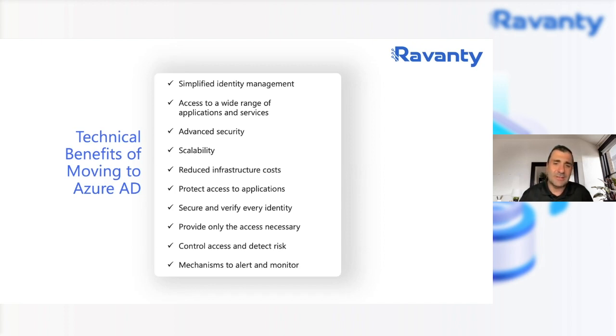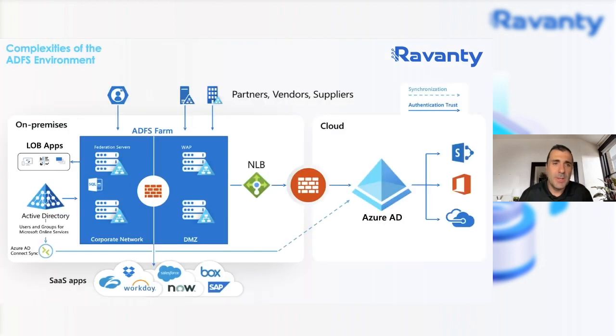Providing only the access necessary. Control access and detect risk, and a lot of mechanisms to alert and monitor. These are all of the major technical benefits of moving to Azure Active Directory. A lot of these capabilities you don't have with ADFS. You have to manage all of this, and it's very limited as far as what ADFS can do versus moving to Azure Active Directory.